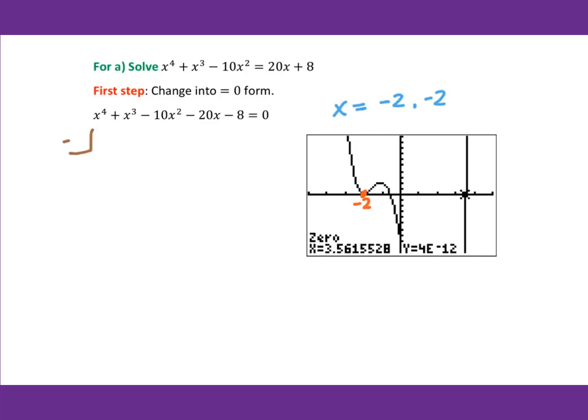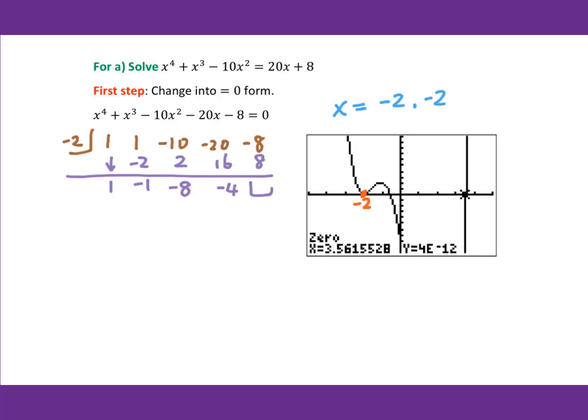So we do -2, 1, 1, -10, -20, -8. No missing power. Then we work on this. You got the 1, -2, -1, 2, -8, 16, -4, 8. You will get remainder 0.